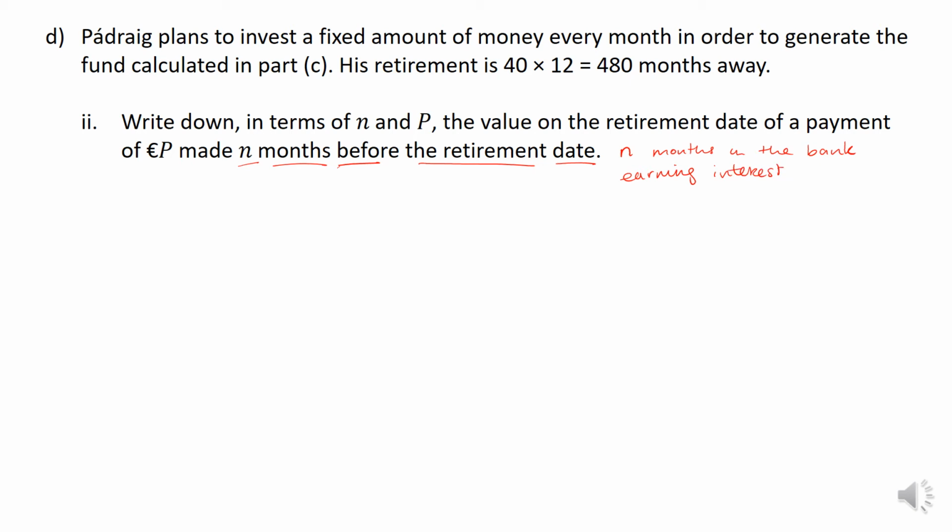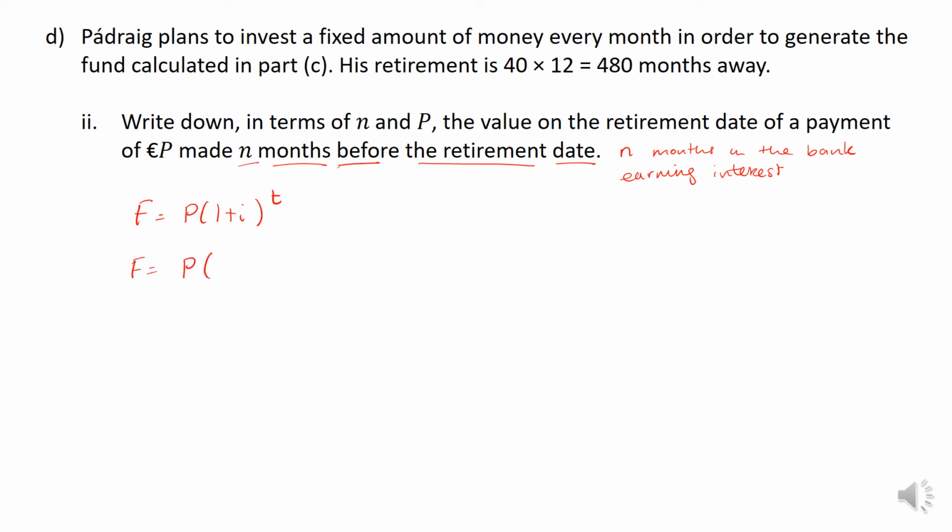Okay, so again, it's earning interest, so we're dealing with the compound interest formula. All right. We're using fictional amounts, so amounts we don't know, so P. All right.